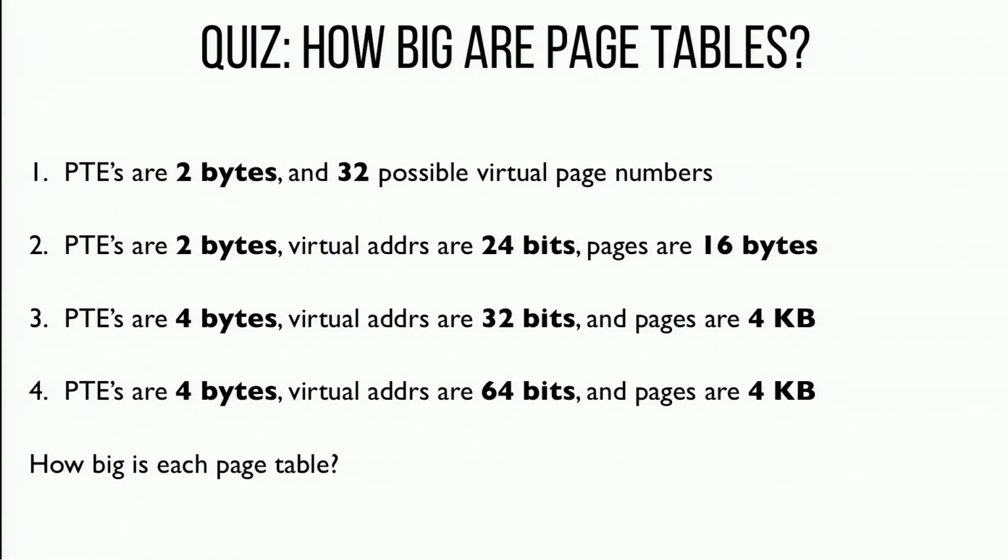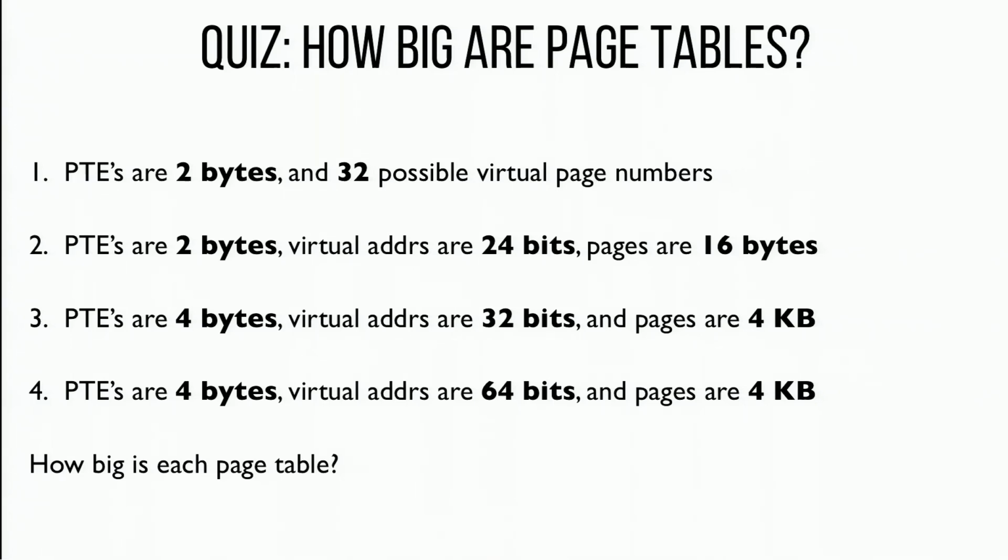Right, so we have 4 here, which must mean we have 20 bits for our VPN, which must mean that we have 2 to the 20 entries, and each entry is 2 bytes. So the total size will be 2 to the 21 bytes. Or that looks like 2 megabytes to me. Everybody agree?